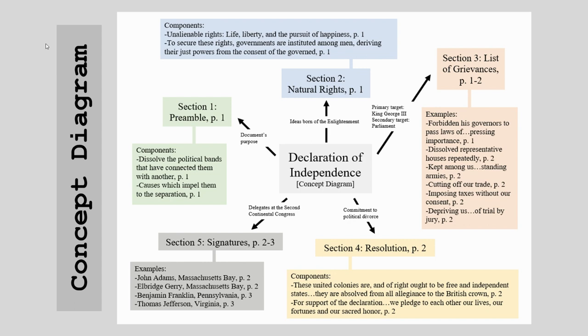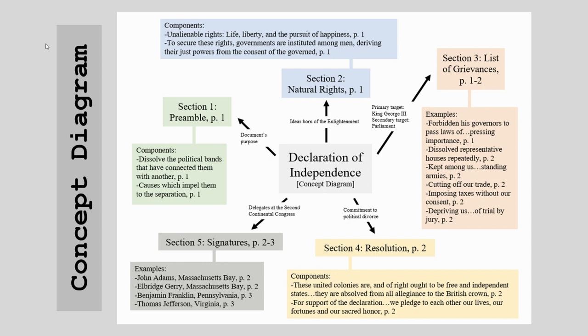Now, if you look at the document itself, the Declaration of Independence, there are far more grievances there than the 6 that I listed. You can't put every piece of information from a chapter in a concept diagram because there's just too much. So you've got to develop the skill of extraction. That means you have to figure out, what's the most useful? And what will I plug into the concept diagram itself? So I picked 6.